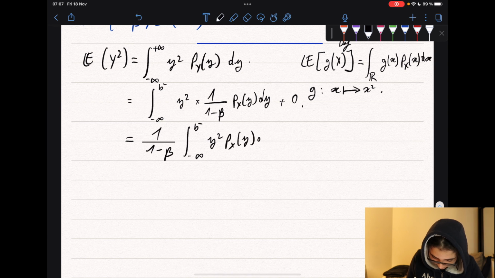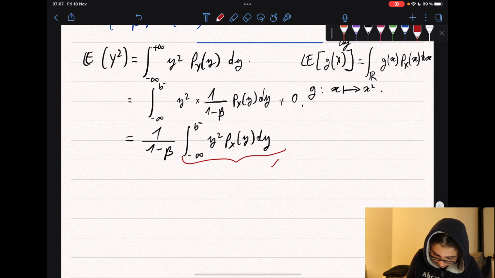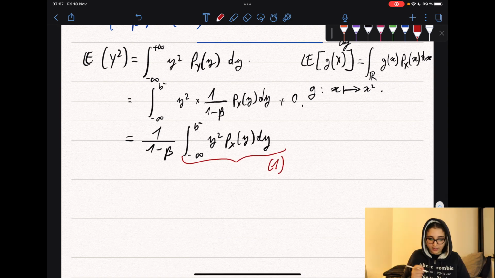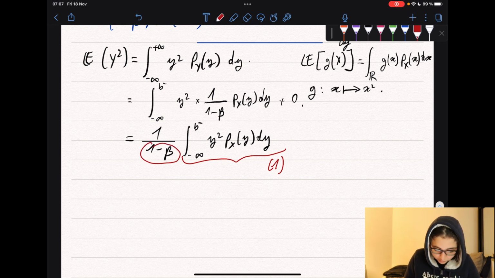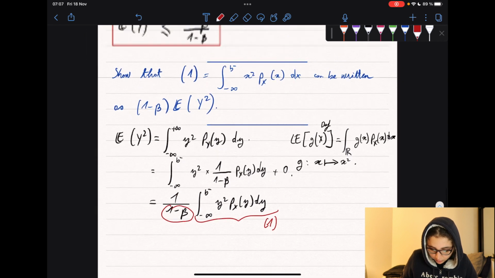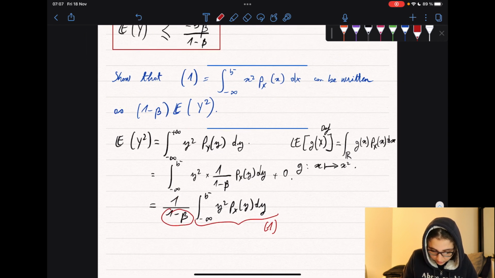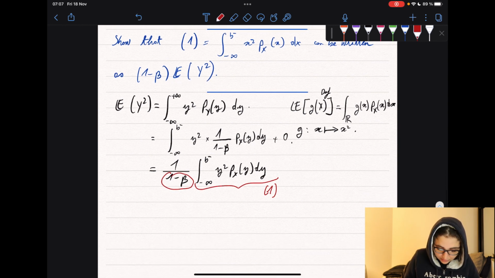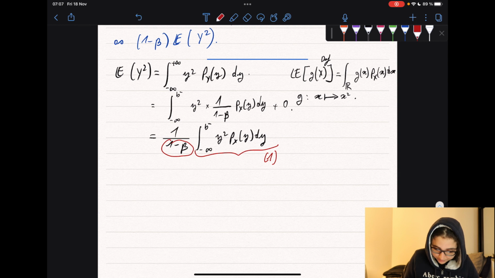p x of y dy, and here we can also identify the integral number 1 that we've defined, hence we can just multiply the other side by this 1 minus beta, and thus coming to the conclusion that the integral number 1 can be rewritten as 1 minus beta times the expectation function of y squared.